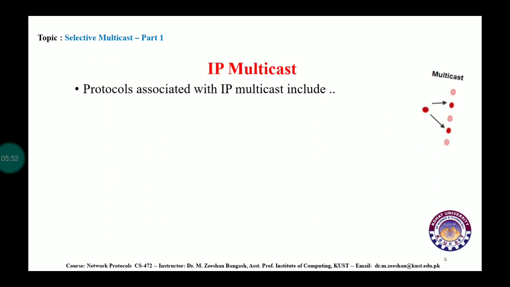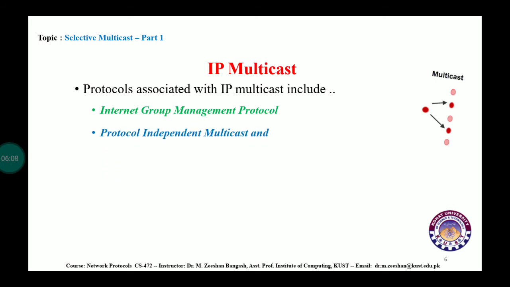Now, some protocols that are associated with IP multicast include IGMP, a known protocol, which is the Internet Group Management Protocol, and another protocol which is Protocol Independent Multicast, and Multicast VLAN Registration.